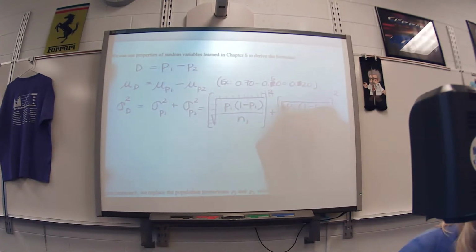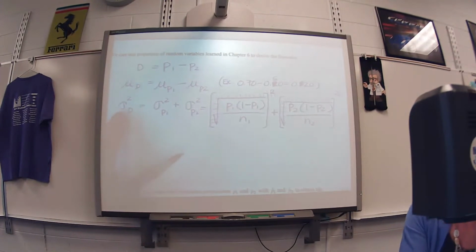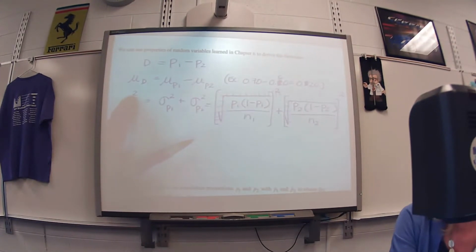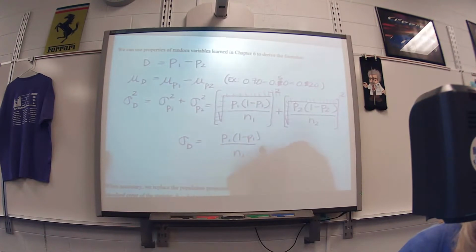And now those would cancel out. You're like, oh, cool, I don't have to have any square roots anymore. Yeah, you did. Except you do. Because at this point, that is still equal to sigma squared for the difference. So for me to get back to sigma for the difference, you're going to have these two fractions, which are connected with addition.